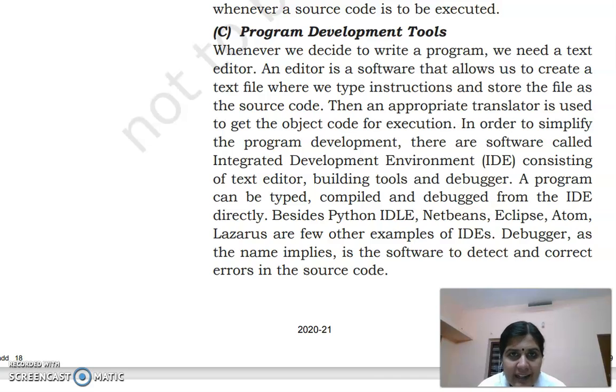They are installed externally. By using Eclipse and NetBeans, we can do C, C++, Java, Python, HTML, any language. So for easy coding we use IDEs. Nowadays, all software companies are using these types of IDEs.